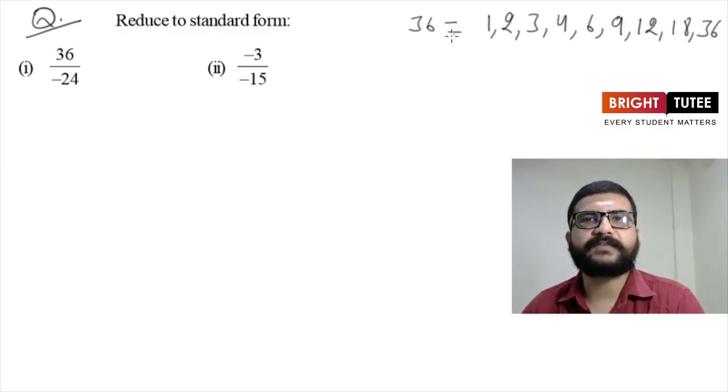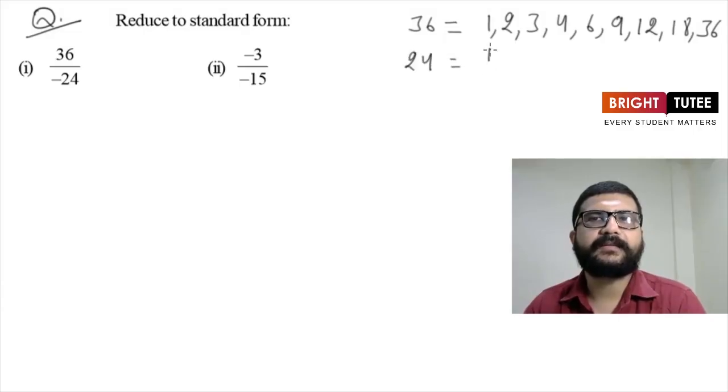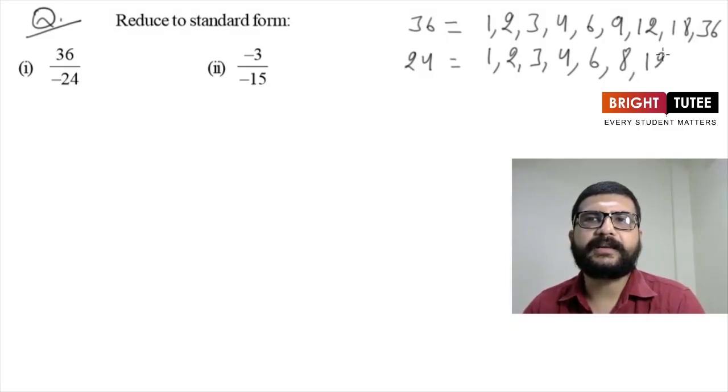So these are the factors of 36. What are the factors of 24? They are 1, 2, 3, 4, 6, and then 8, and then 12, and after 12 it will be 24.